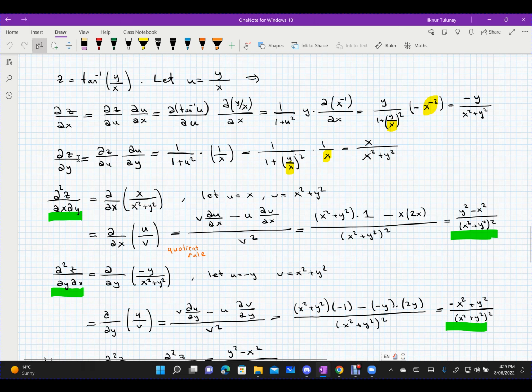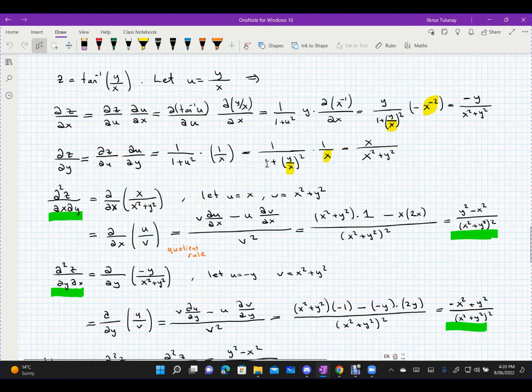Now let's calculate the derivative of the z function with respect to y. dz du du dy. The derivative of tangent inverse u is 1 over 1 plus u squared. This with respect to y is just 1 over x, because x is a constant, and the derivative of y is 1.